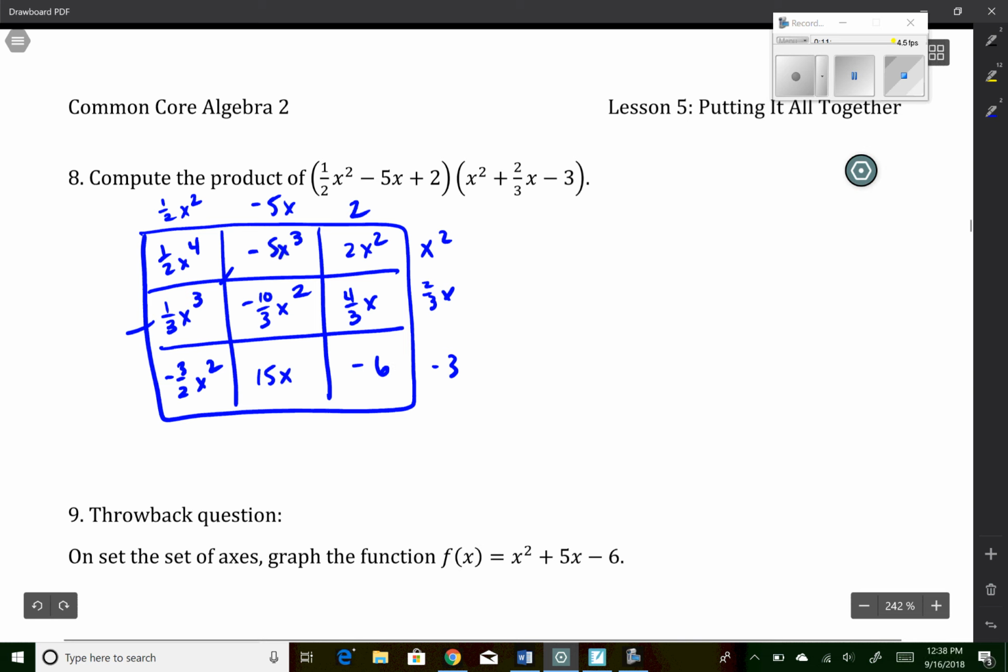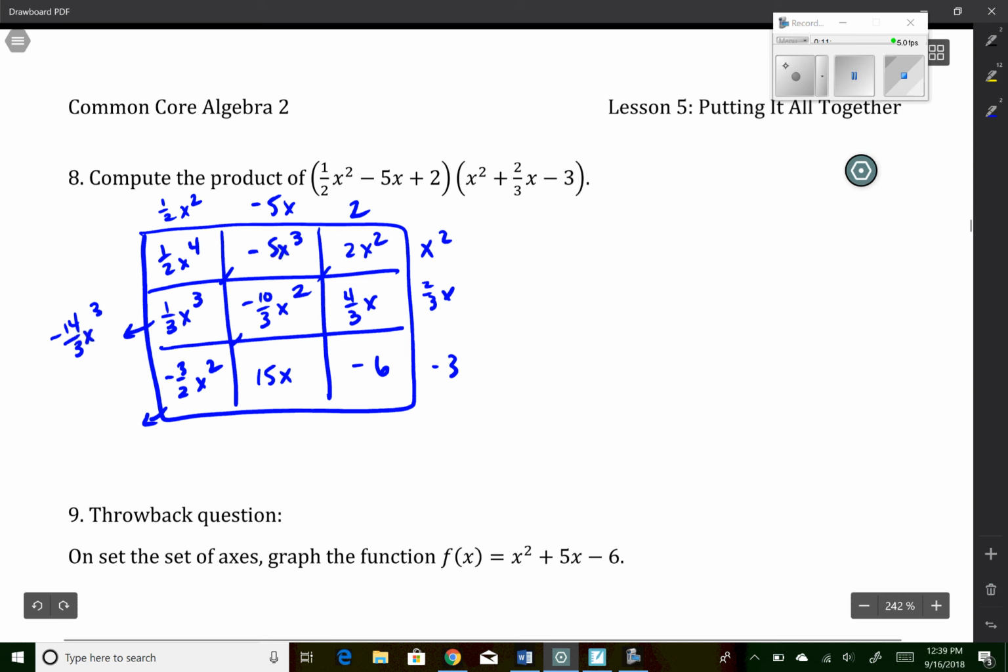Now we've got to worry about combining all these like terms together. Well, this first one, 1/3 x cubed and negative 5x cubed, I could create a common denominator. I could type it in my calculator, however you want to wind up doing it. But you're going to wind up getting negative 14/3 x cubed.